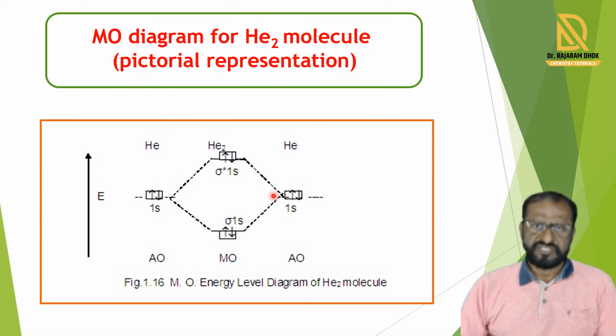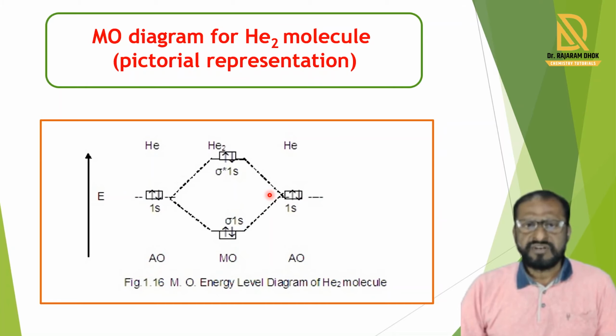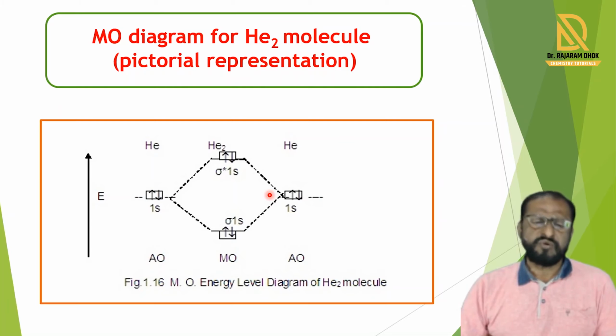In the second case, when the 1s orbital and the 1s orbital of the second helium atom have opposite wave functions, one positive and the other negative, the two atomic orbitals repel each other and there is subtraction of atomic orbitals, forming the anti-bonding molecular orbital. This anti-bonding molecular orbital has higher energy than the original atomic orbital energy, and it is named sigma star 1s.